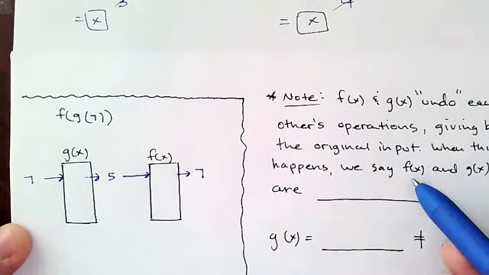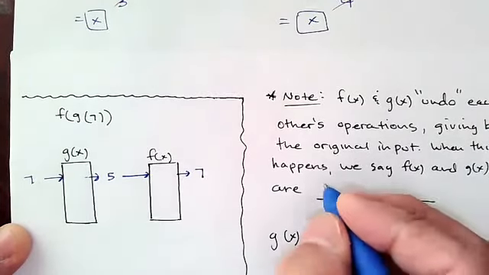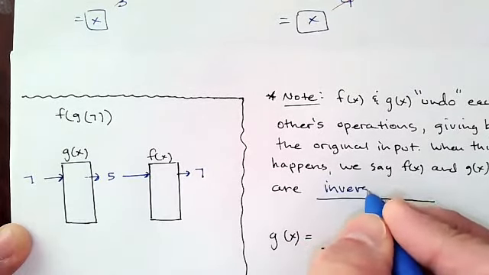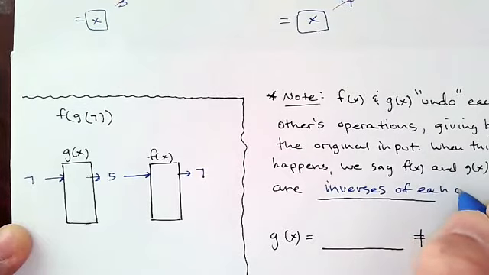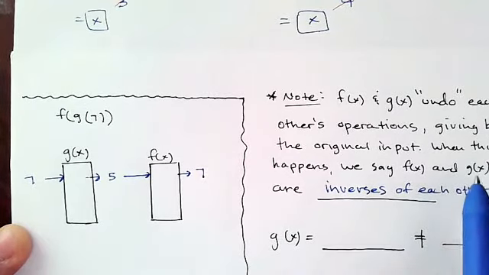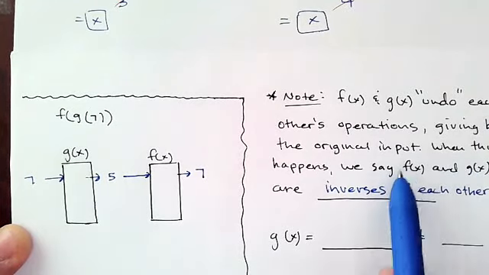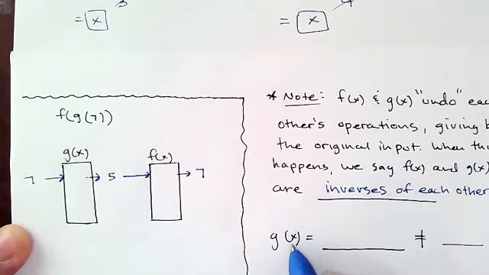And whenever this happens, we say that f of x and g of x are inverses of each other. So we could say f of x is the inverse of g of x, or g of x is the inverse of f of x. Either way, I'm going to use g of x.